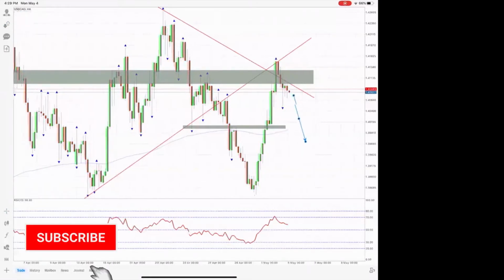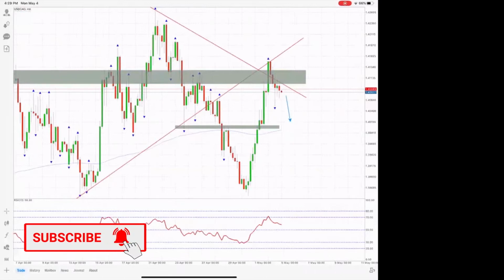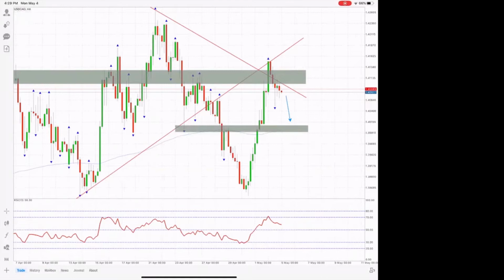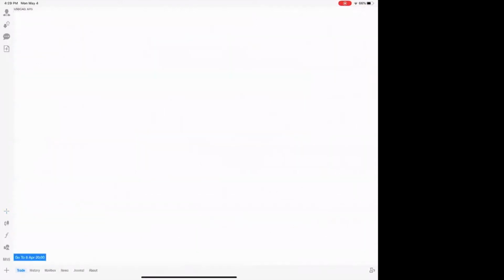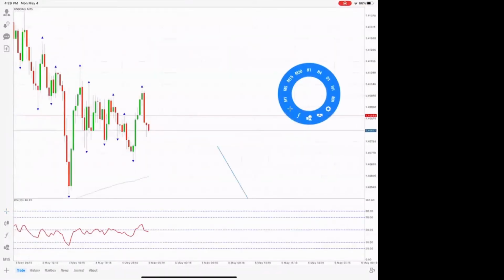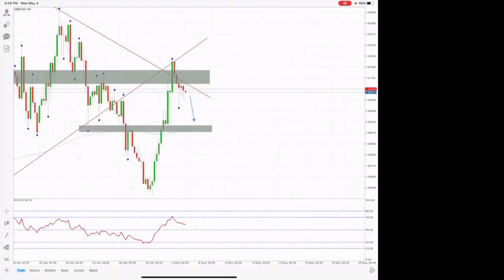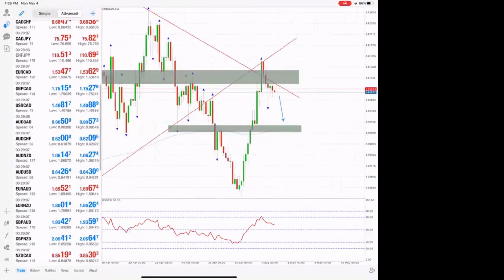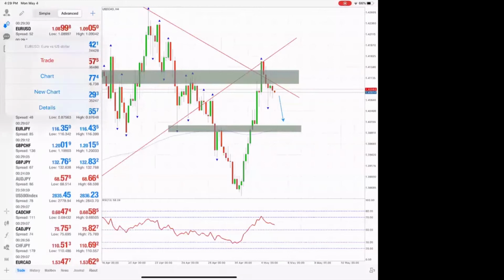So, targeting this area, which would be the 140 area, which also has a moving average going through here. So this looks like a great confluence for us to target. So hopefully we'll start to see some downside, especially if we get more risk on market sentiment, which, judging by the way the market's ended today, seems like a pretty big possibility.